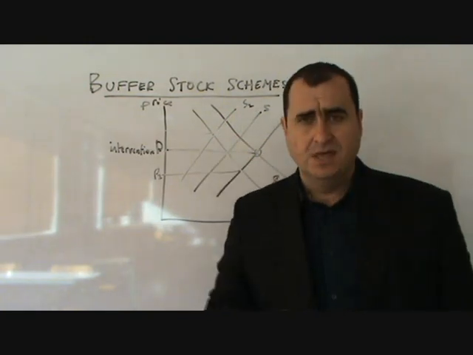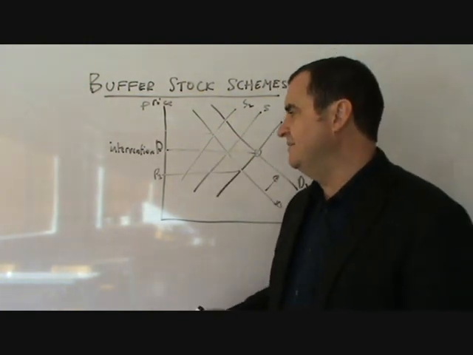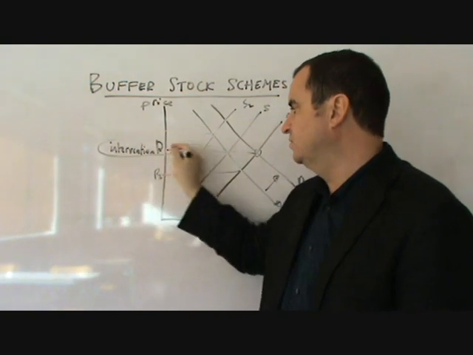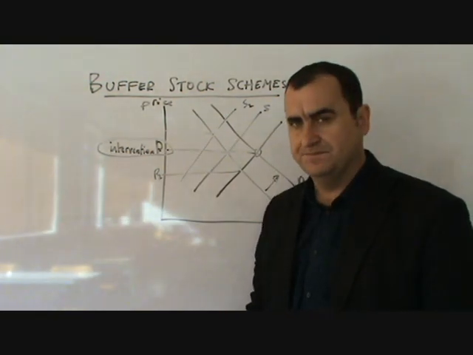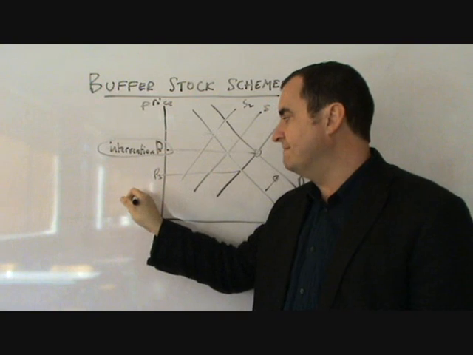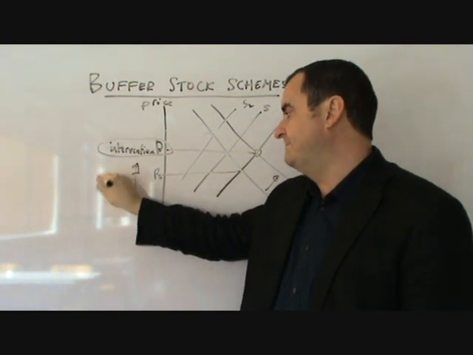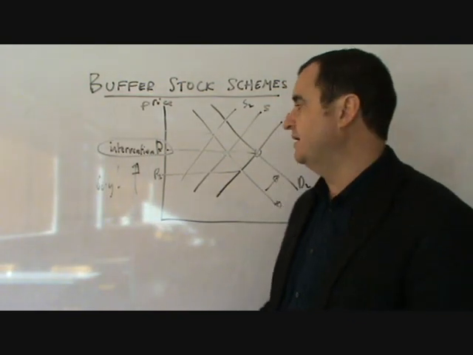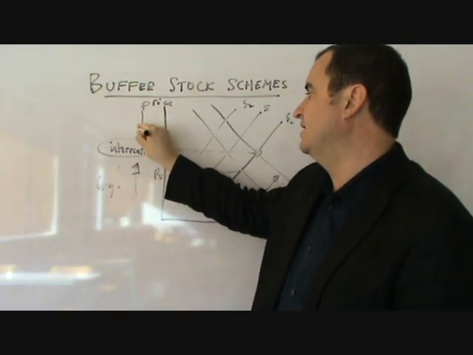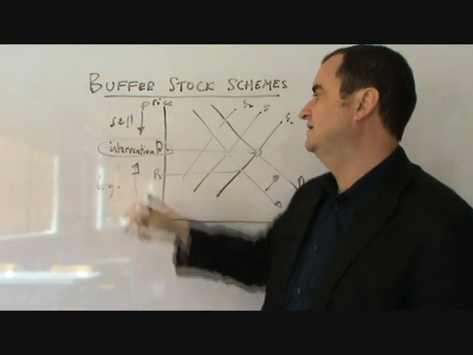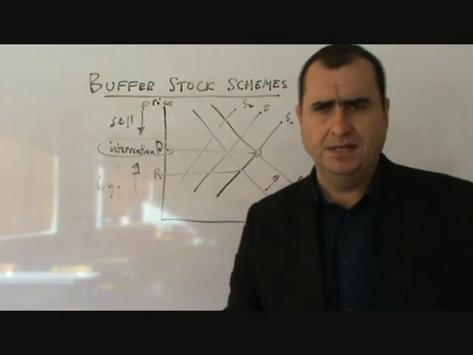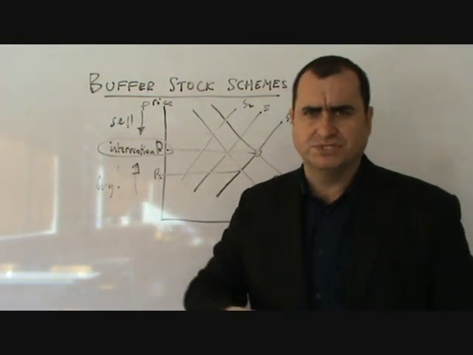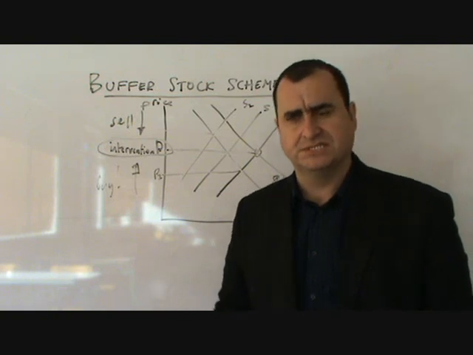So in essence, a buffer stock agency is always aiming to push price towards this intervention price. When the price is too low, they buy, and that adds to demand and pushes the price back up. When the price is too high in the market, they sell, which increases supply and lowers the price. They're always buying or selling to drive up or lower the price.